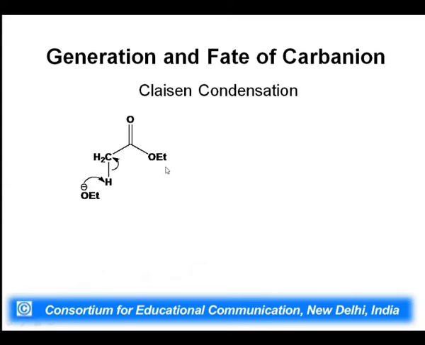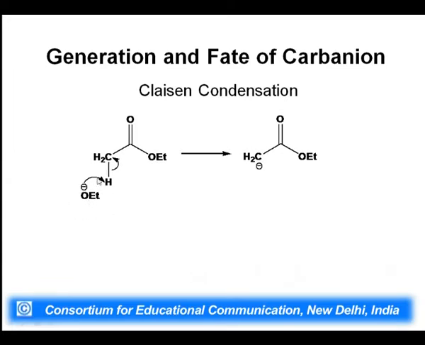Since I have given the complete structure, we say that this is ethyl acetate, CH3CO2Et, which is a well known solvent and an ester. So, what does it do when it reacts with OEt minus?